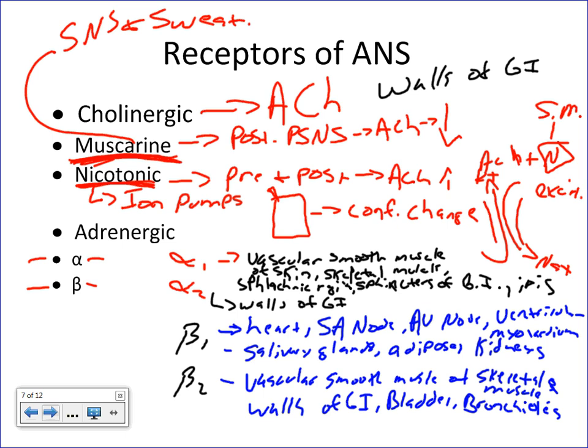So you go sit down and hang out. You know that there's sympathetic and parasympathetic dual innervation of your GI tract. Which one of these two systems is going to be exerting more control?